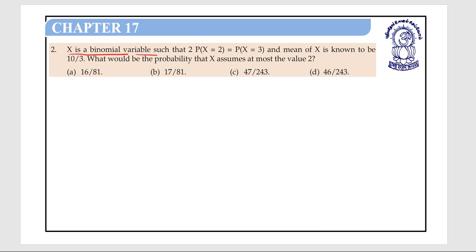Now move to the next question, question number 2. X is a binomial variable such that 2 times probability of x is equal to 2 is equal to probability of x is equal to 3, and mean of x is known to be 10 by 3. What would be the probability that x assumes at most the value 2?